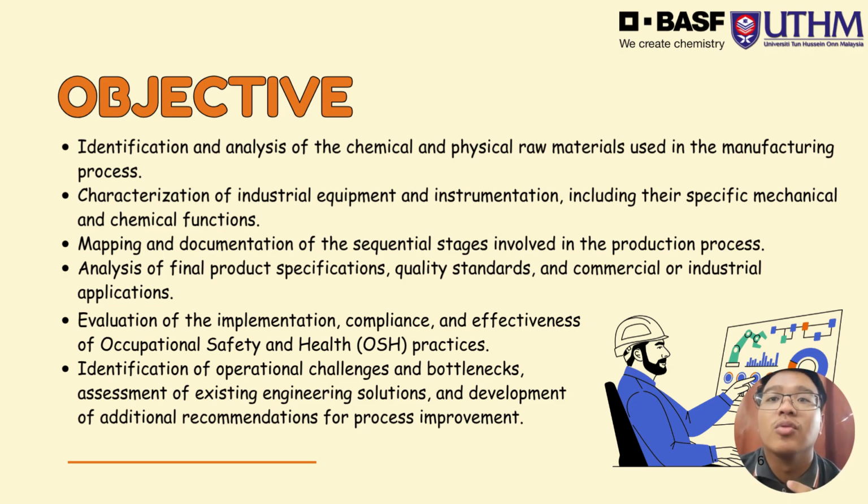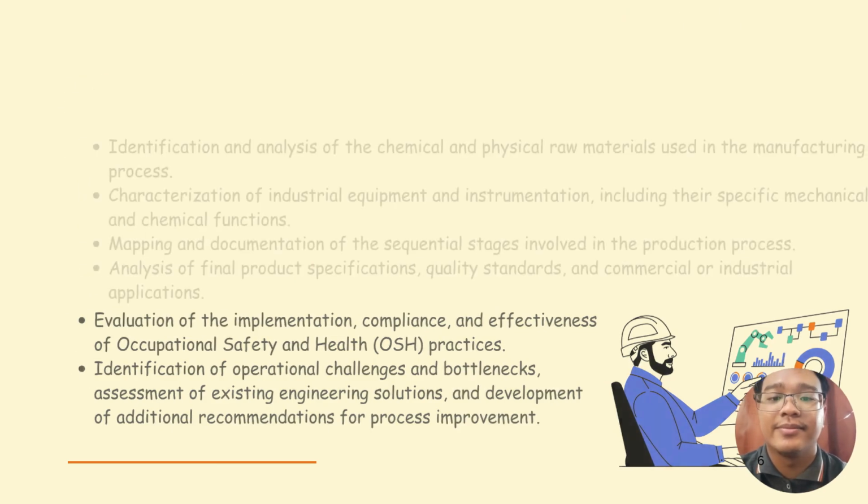Number four, we have to analyze the final product specifications, quality standards, and commercial or industrial applications. For the second last, we have to evaluate the implementation, compliance and effectiveness of occupational safety and health practice. Lastly, we have to identify the operational challenges, assess the existing engineering solutions, and develop additional recommendations for process improvement.